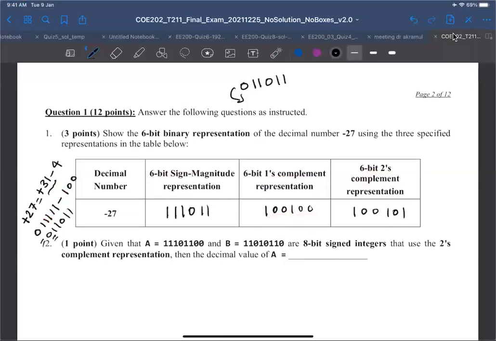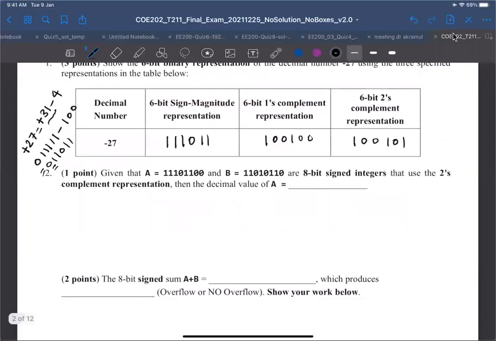Next question. Given that A is this binary number and B is this binary number, both 8-bit signed integers in 2's complement representation, what is the decimal value of A?